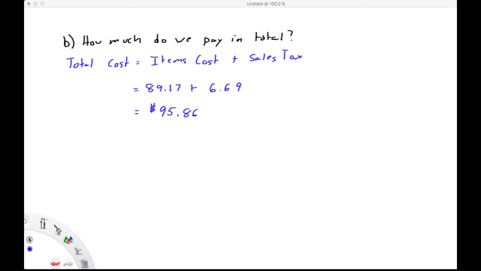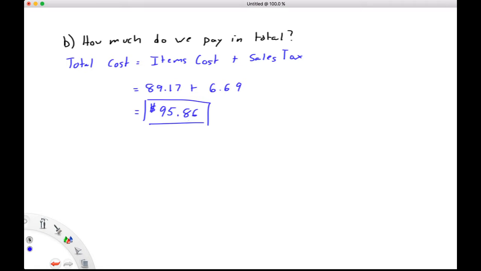And so in total, we would be spending $95.86. 89.17 of that goes to the people who are selling the items, and the 6.69 is what's taxed and goes to the government.